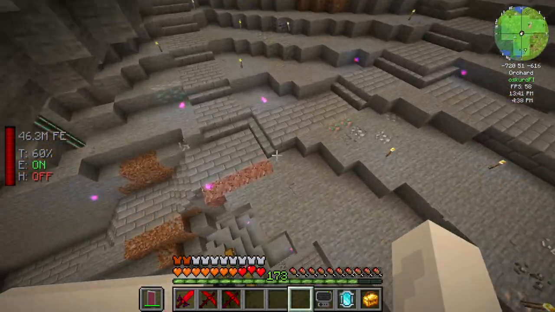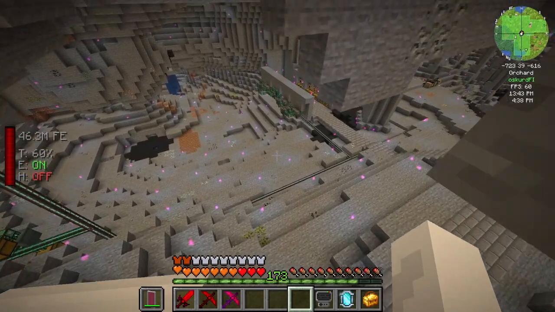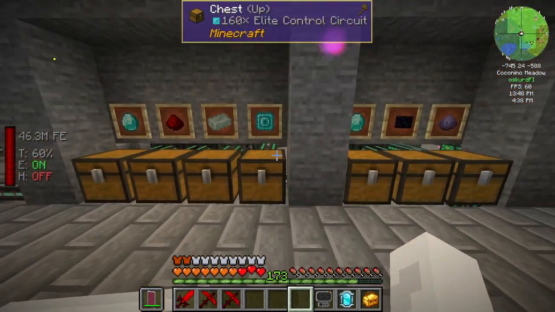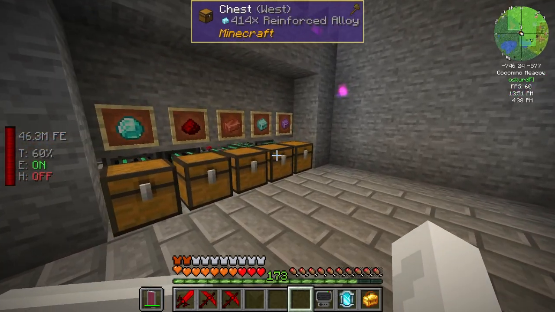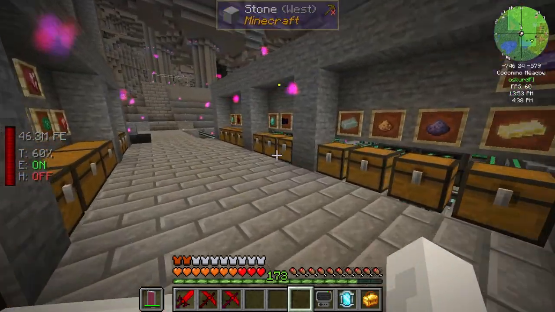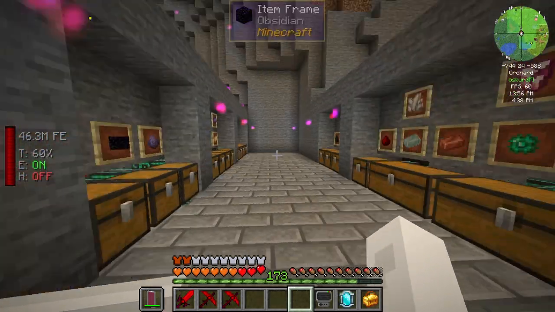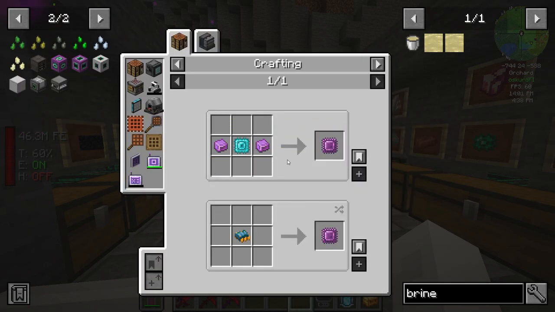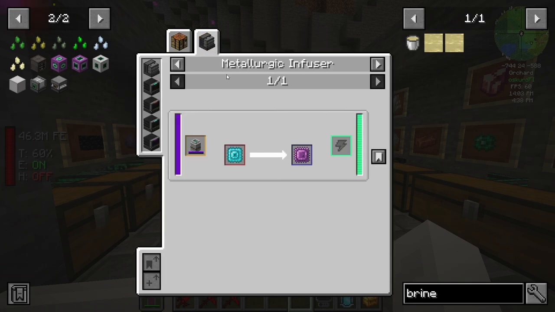Then we need ultimate circuits, which I don't have, right? I haven't automated those. Wait, no, I have atomic alloys, but I don't have those. Can we handcraft these? We can. Do I want to handcraft them?